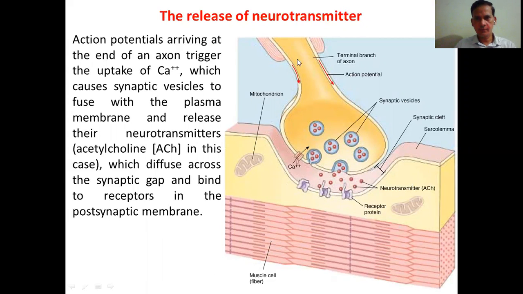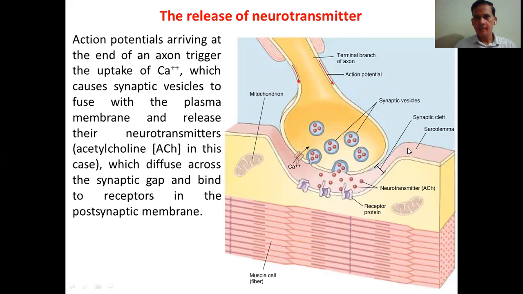Here, this is what we saw in the previous slide, the axon. This axon has a lot of synaptic vesicles. In those synaptic vesicles, there are small amounts of acetylcholine, or you can say small depots of acetylcholine. And this is the synaptic cleft, which is the space between the axon and the muscle.